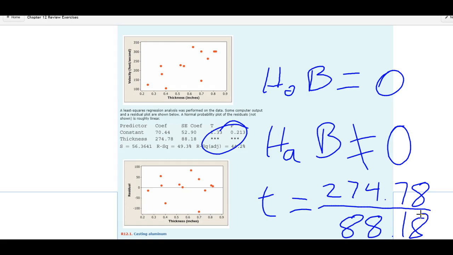Well, we look it up with a certain number of degrees of freedom. Your degrees of freedom here is a little bit different, okay? Before with means we used n-1. Just think 2 variables, so do n-2, okay? So I count 1, 2, 3, 4, 5, 6, 7, 8, 9, 10, 11, 12, right? So n is 12, that means I would have 10 degrees of freedom here.